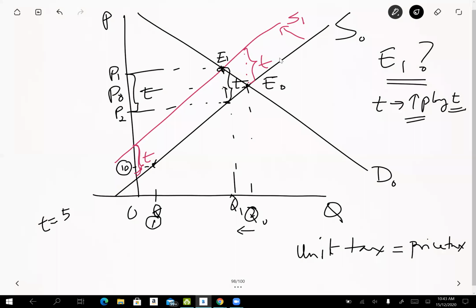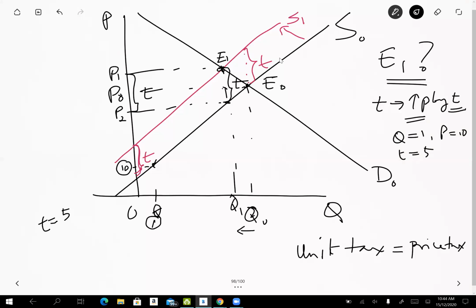So what is the price after the tax is imposed? Anybody? Okay, at Q equal to 1, the price is 10. We charge a tax of 5 ringgit.